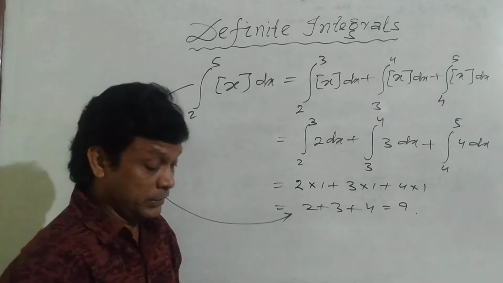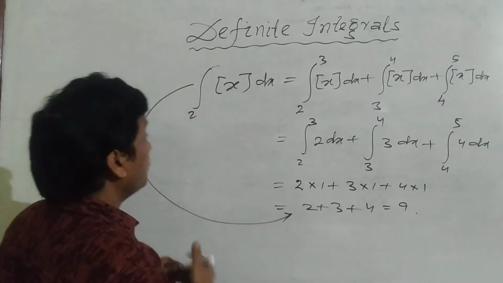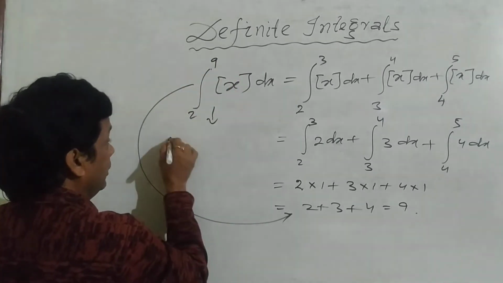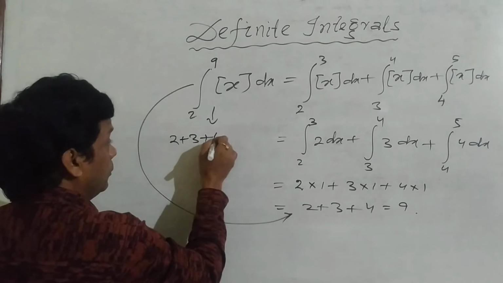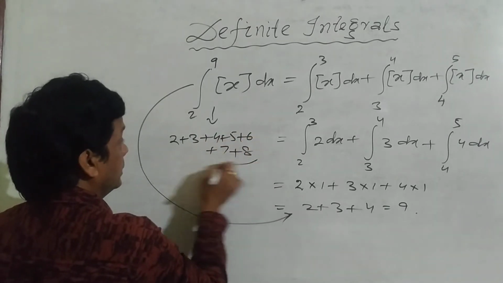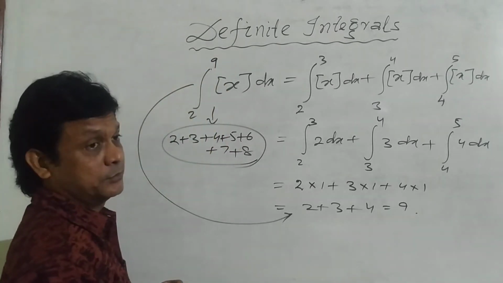Similarly, if I take the upper limit as 9, the answer will be 2 plus 3 plus 4 plus 5 plus 6 plus 7 plus 8. So this is the answer. It starts from 2 and ends at 8.